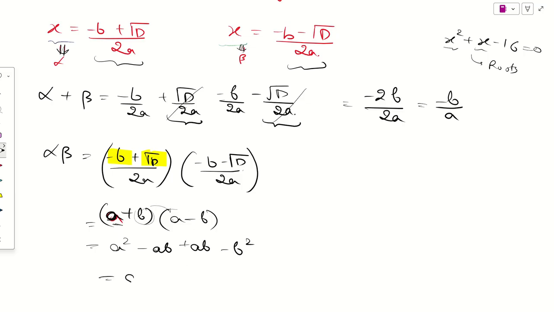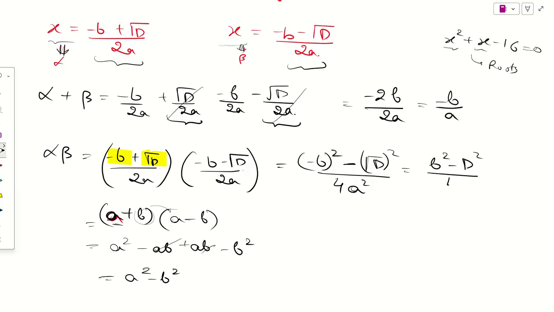So from here this term will be cancelled out. They are in opposite sign. From here we have a square minus b square. We know that a is minus b and b is under root D. 2 into 2 is 4, a into a is a square. So from here we have a square minus D square upon 4a square. We know the value of D is b square minus 4ac upon 4a square.